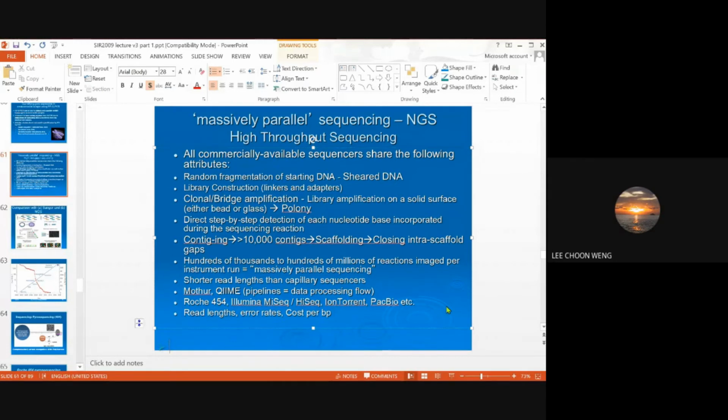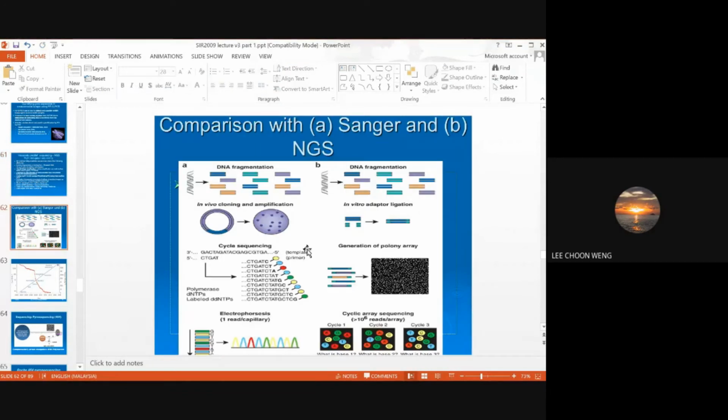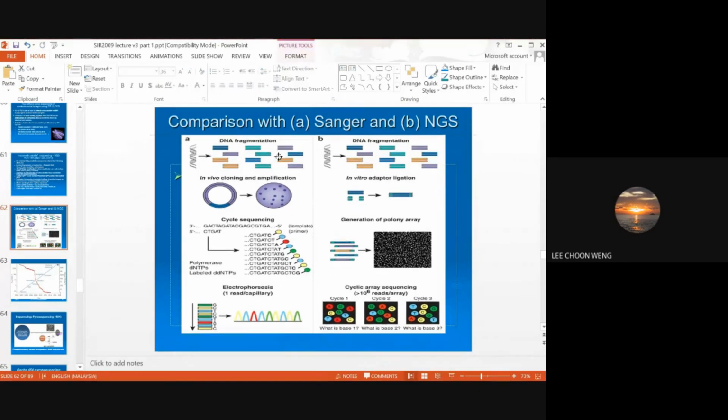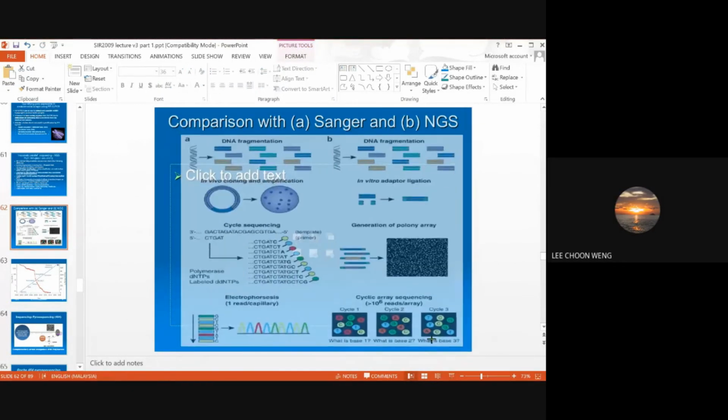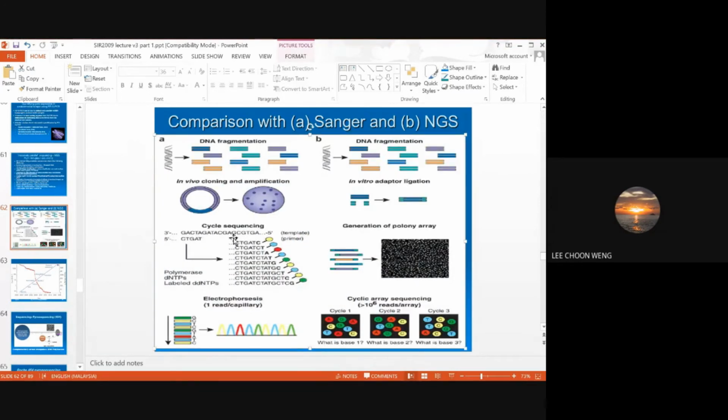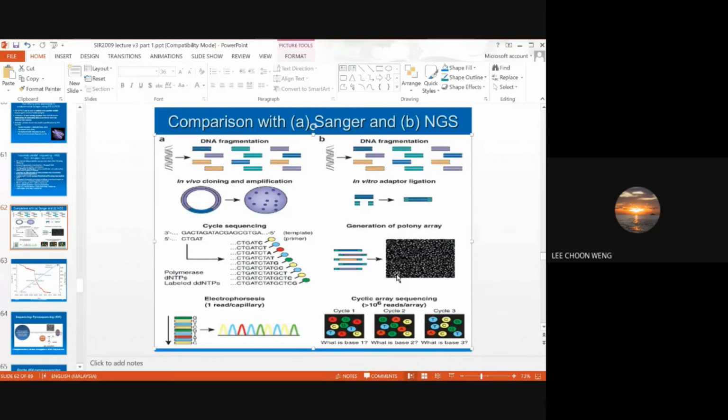Okay. So now let's look at a comparison between Sanger sequencing and NGS sequencing.